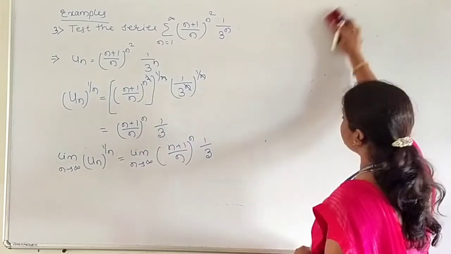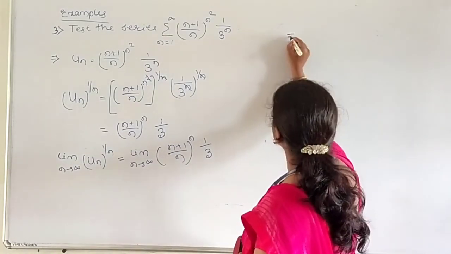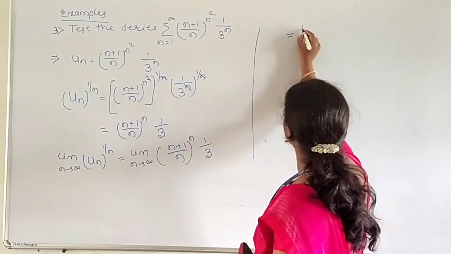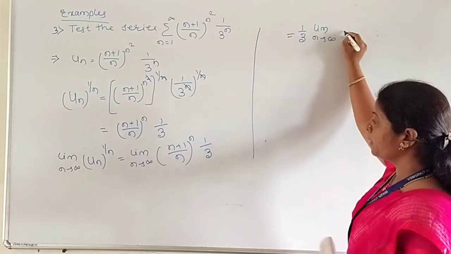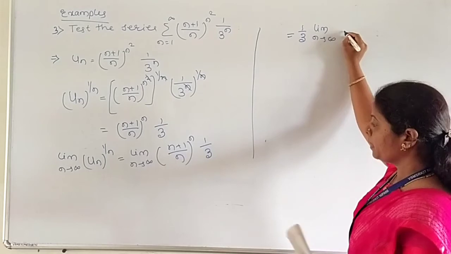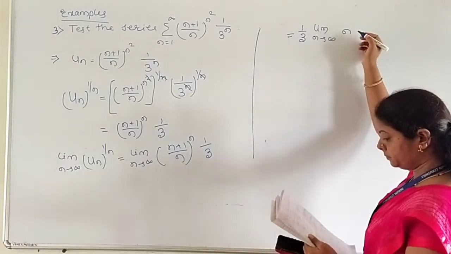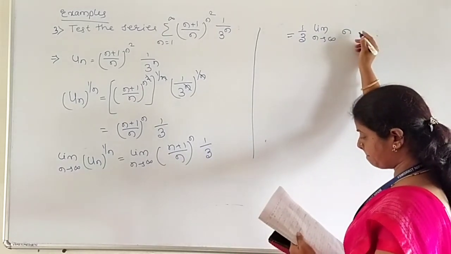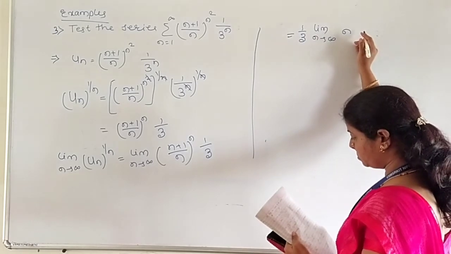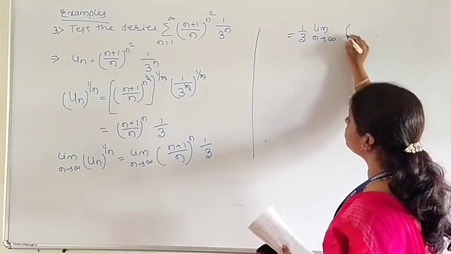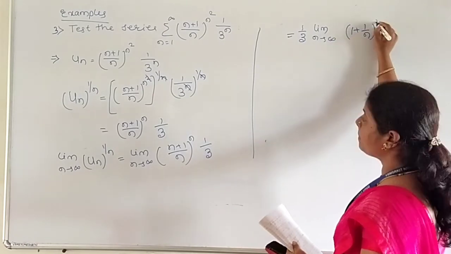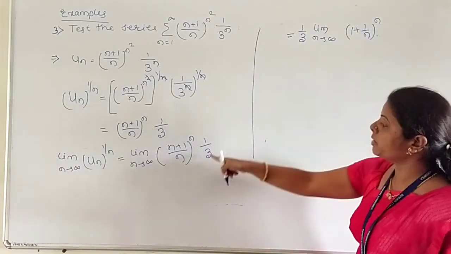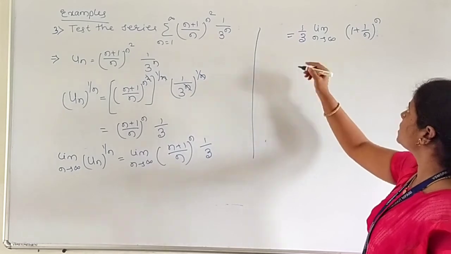Here 1 by 3 is a constant that we take outside, and this we write as (1 plus 1 by n) to the power n.